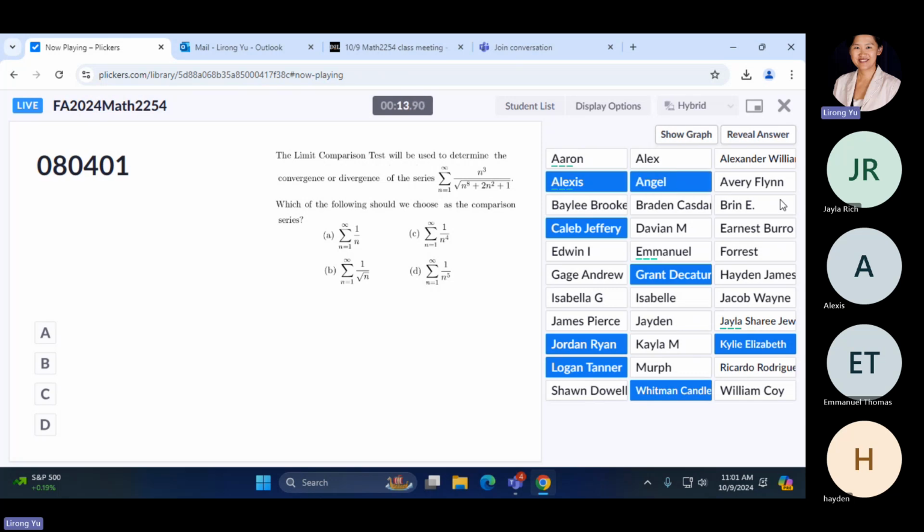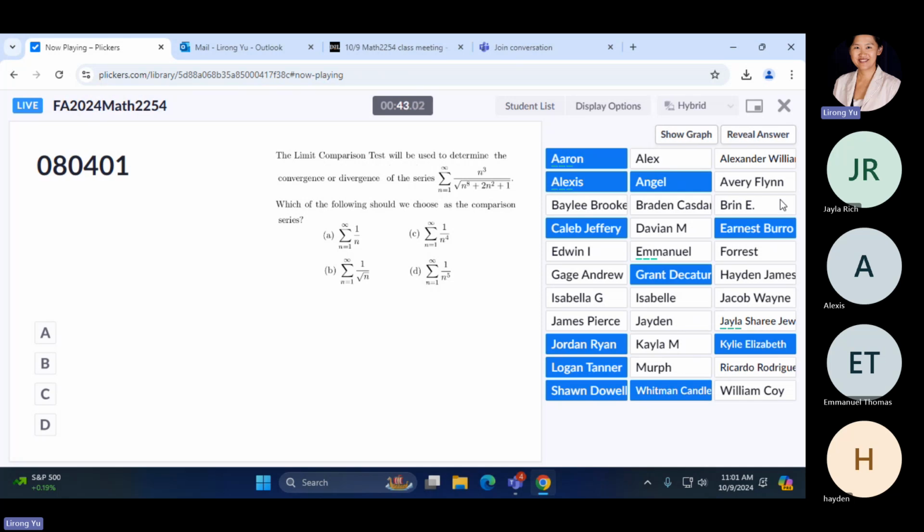We have the highest degree terms: n cubed divided by the square root of n to the eighth power. The square root halves the power, so the root of the eighth power is actually the fourth power. So n to the power 3 divided by n to the power 4, and you cancel the common power, so it's n to the power 3 over n to the power 4.